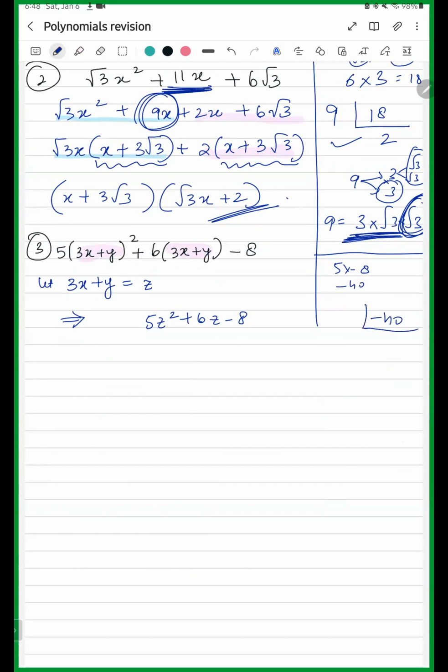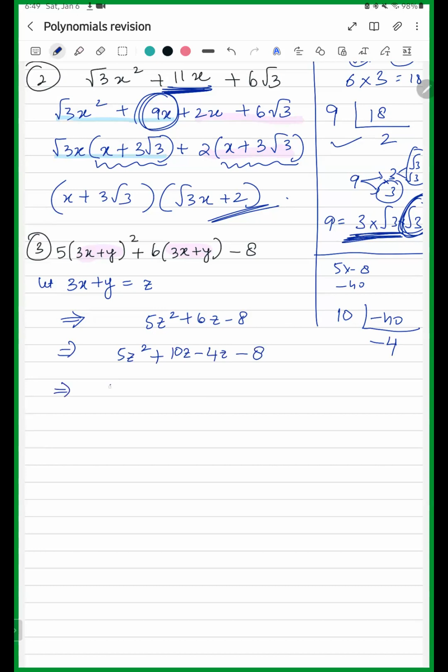And we have to factorize it in such a way that here we get 6. Okay. So what into what can we do? We can do 10 into 4. Yes, 10 fours are 40. And 10 minus 4 is 6. So let's do it like that. 5z square will be as it is. The only change will be in the middle term. 10z minus 4z minus 8.